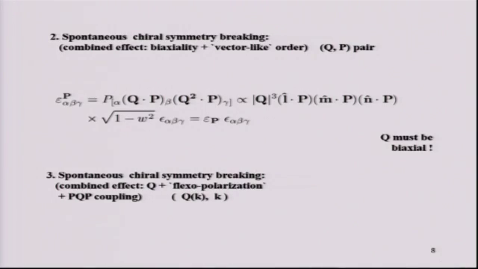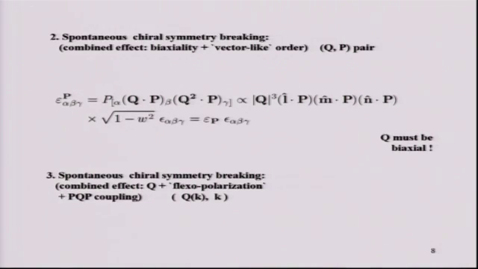If I take a polar vector, then this polarization gives me one direction in space. Let's assume that it has a red color.